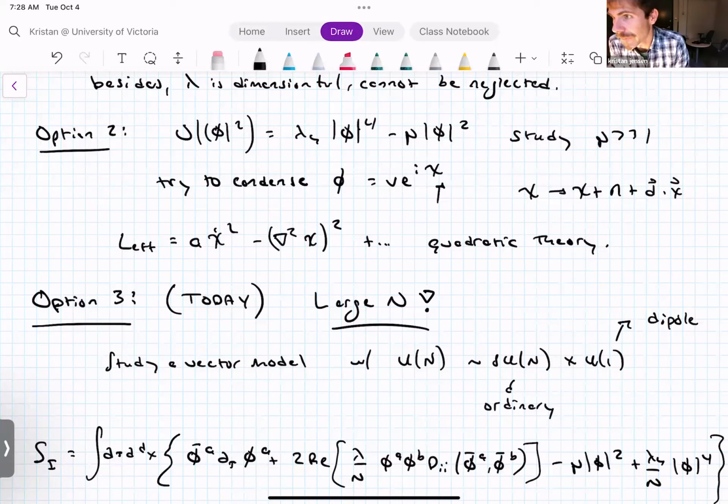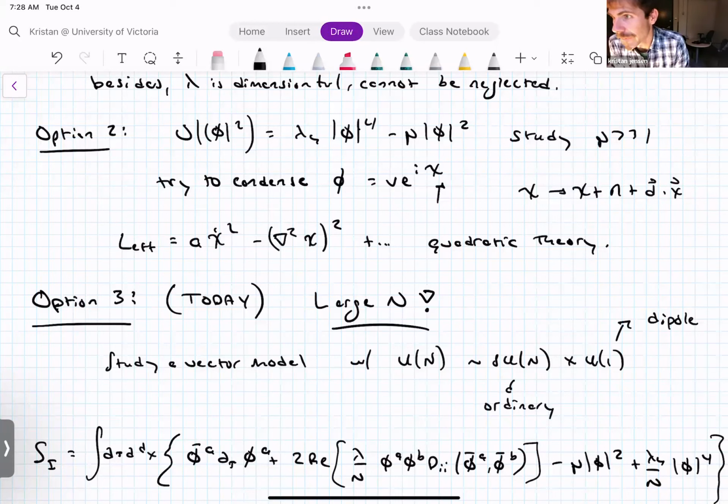And then these quartic terms, we introduce a factor of 1 over n out front so that when we have the two flavor contractions, those each give us a power of n, and then we have a 1 over n to compensate. This is like what one does in SYK or Chern-Simons matter theory or all the usual things. Yeah, okay. Thanks.